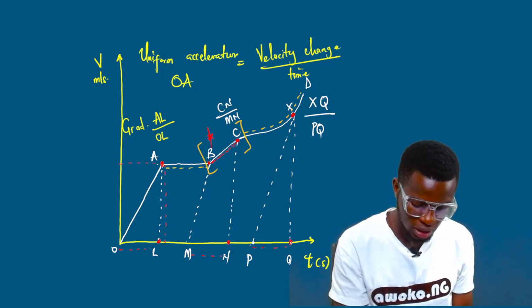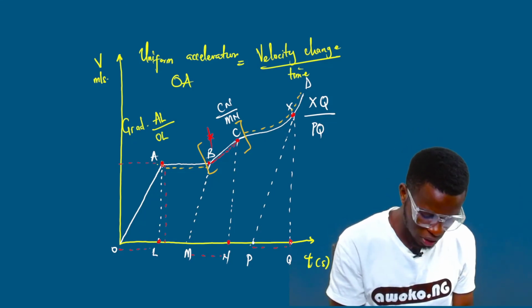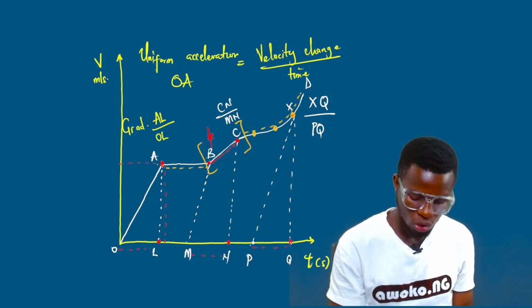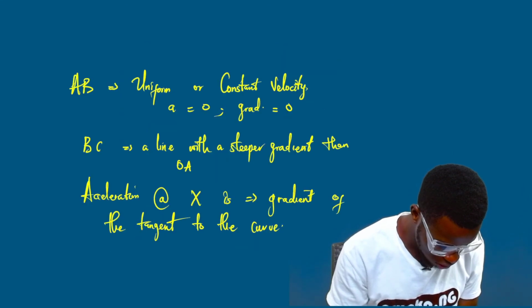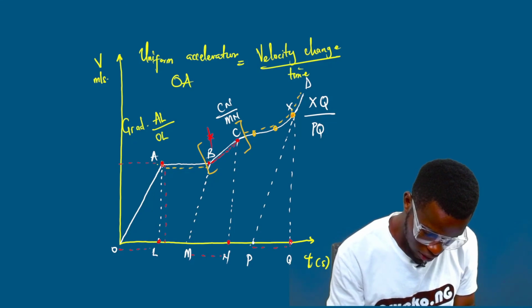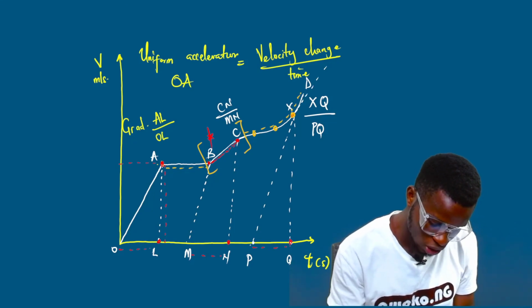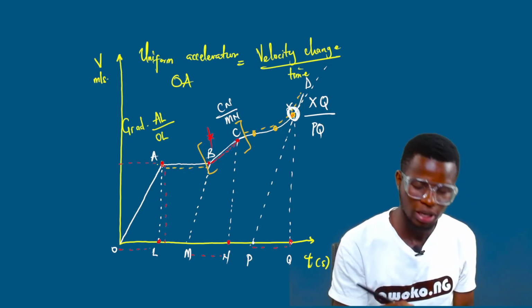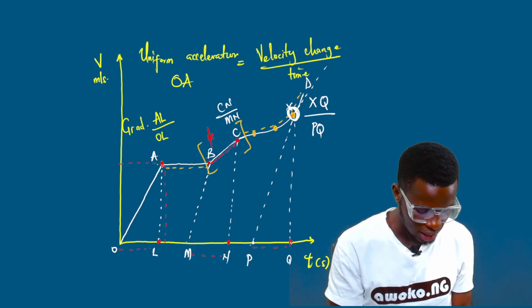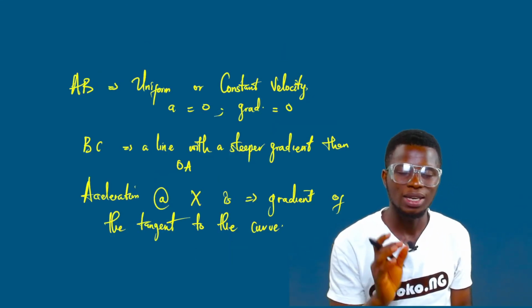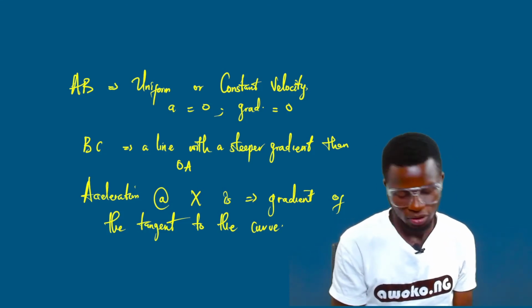Let us call this point X. The point could be here, it could be here, but we decided to put it at point X. So we have to find the tangent to this particular curve, which is a straight line that touches the curve at one spot, to be able to get the gradient of that particular motion.